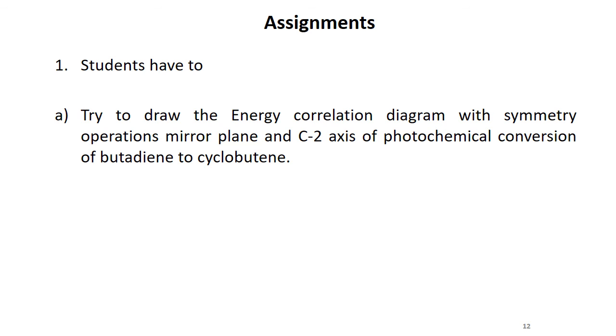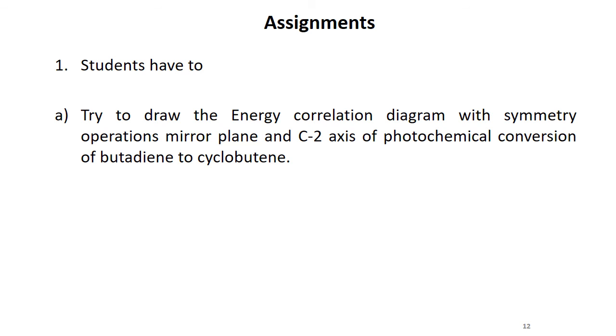I have an assignment for you. Just like we discussed today, draw the energy correlation diagram with symmetry operations C2 and sigma for the thermal conversion of butadiene to cyclobutene. I have told you about the photochemical conversion, where electrons move from pi 2 to pi 3.